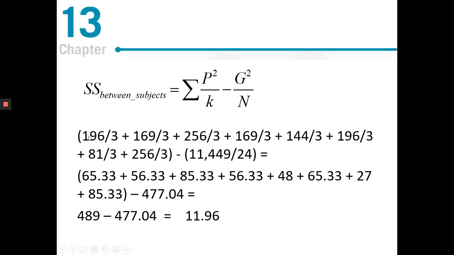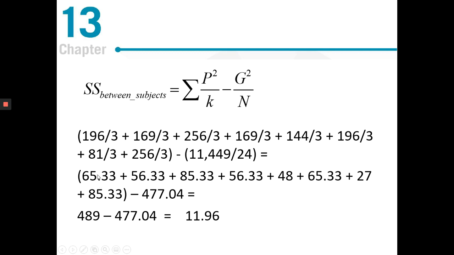So take that and divide it by 3, the 3 sound conditions. So there's 1, 2, 3, 4, 5, 6, 7, 8 of those ratios because we have 8 people. So for each person, P squared over K. And then the G squared over N is the same as what we had in the previous sum of squares between treatments.